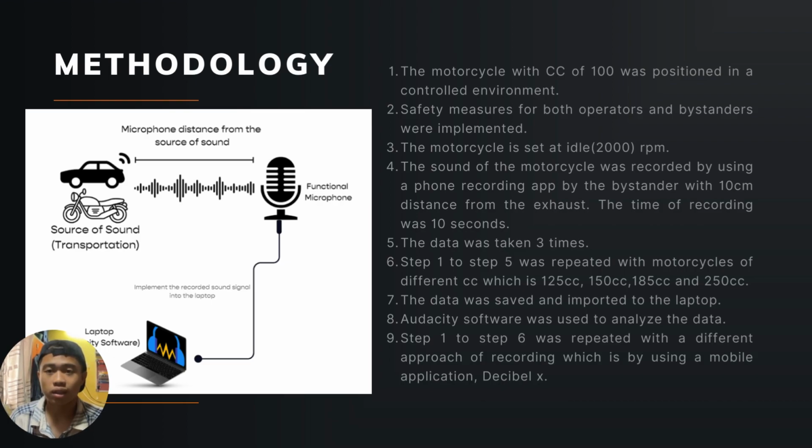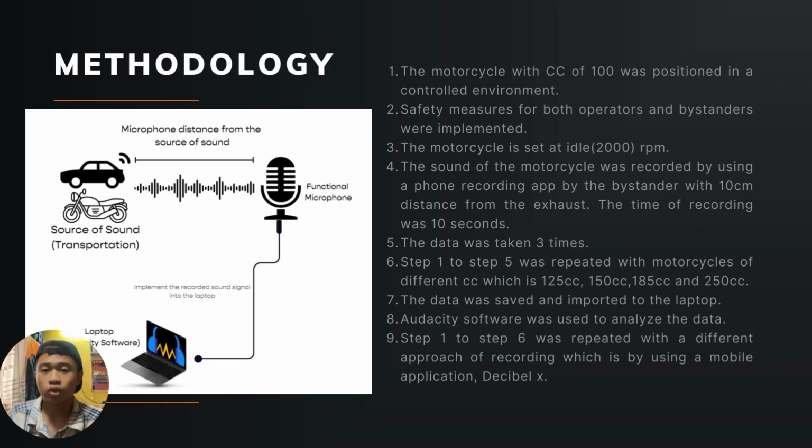Next, the motorcycle is set at idle, which is 2000 RPM. The sound of the motorcycle was recorded using a phone reading application by the bystander at a 10 centimeter distance from the exhaust. The time of recording was 10 seconds, and the data was taken 3 times, and then we got the average to minimize the errors.